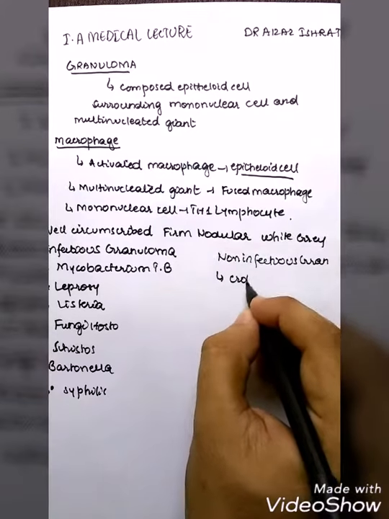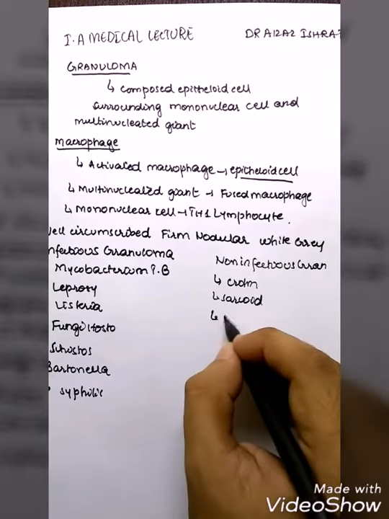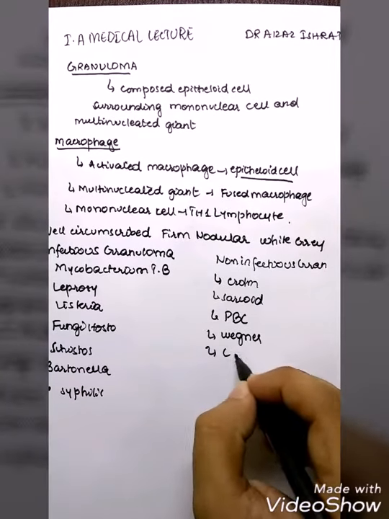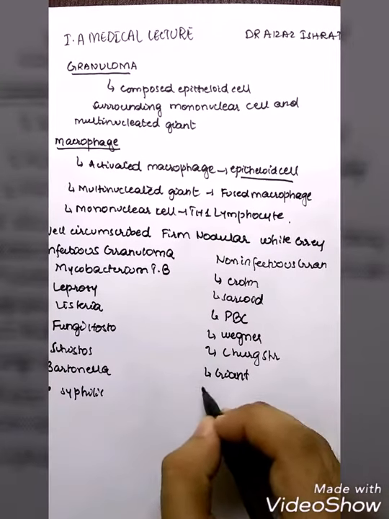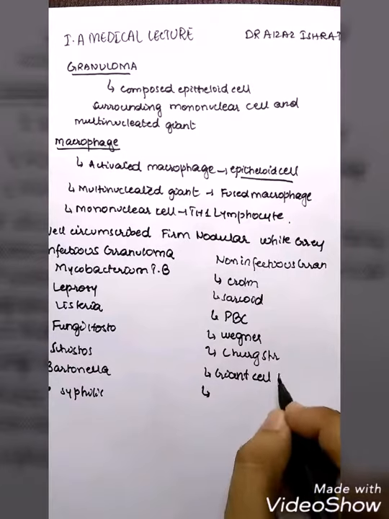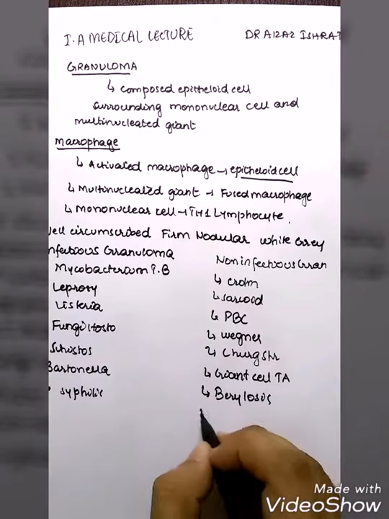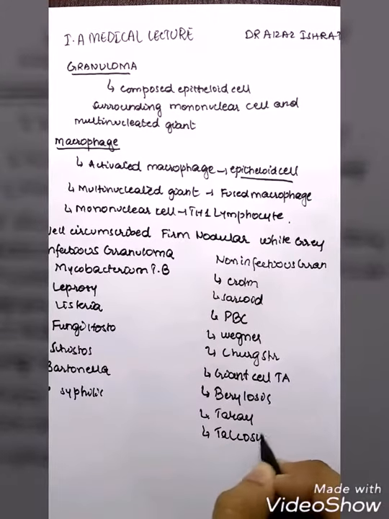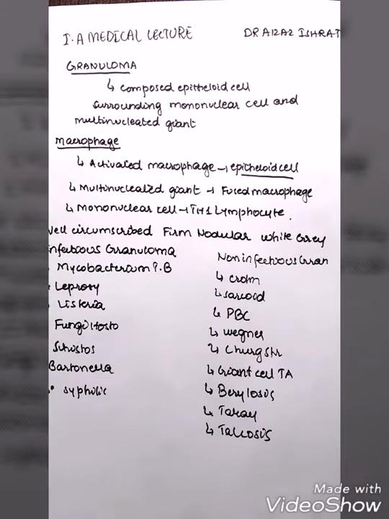First of all, Crohn's disease, sarcoid, PBC, primary biliary cirrhosis, Wegener, and Churg-Strauss syndrome, and giant cell temporal arteritis, and berylliosis, and Takayasu arteritis, talcosis, and many more.